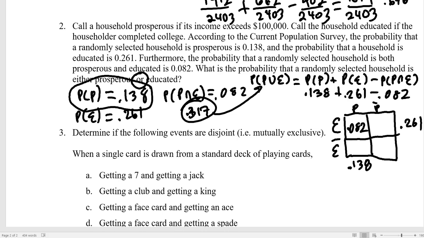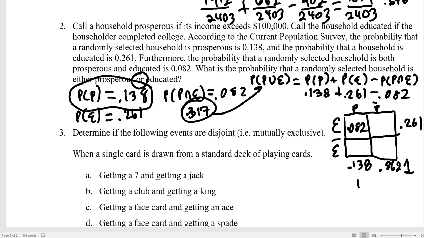What we need to know is what are the probabilities going to total up to? Well, the total should be 1, 100%. So if there is a 0.138 chance of being prosperous, what's the probability of not being prosperous? That would be the complement, 0.862.